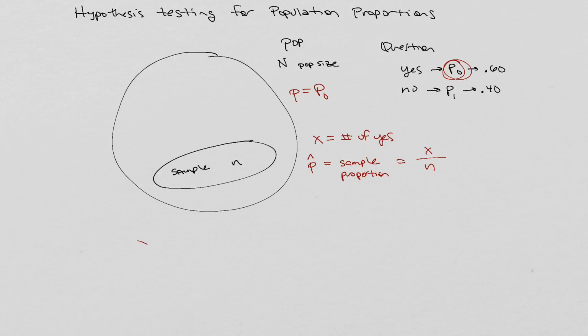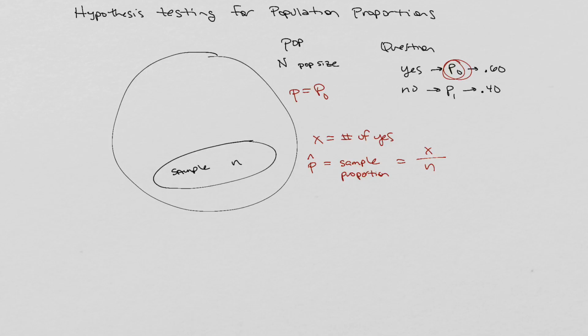In other words, if I have a sample of size 75 and I get 25 yeses, then P hat would be 25 over 75, which is 0.33. So that's how you calculate that sample proportion. Of course, the question is whether that sample proportion is actually close to what the real value is for the population. Well, we've been asking that question, and we'll get our way around to it.